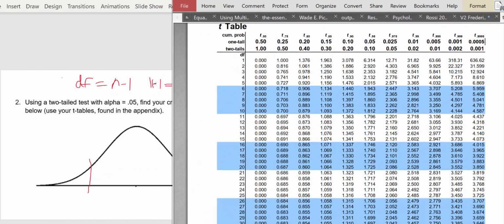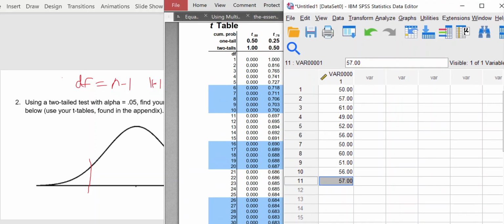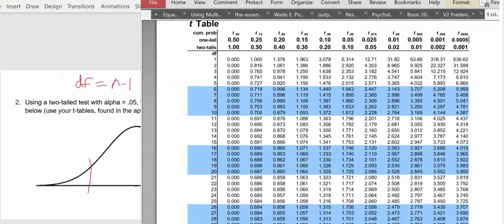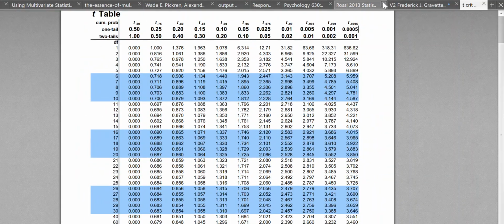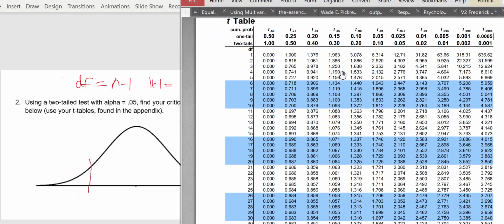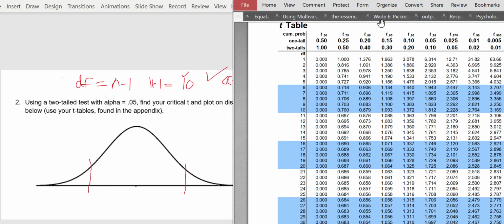All right, so now let's see if I can minimize this just a little bit. All right, it's not going to work with me. So in this case, we'll just move this to the side just a little bit. Now, what we're looking for is first we want to go in the vertical area right here to degrees of freedom.